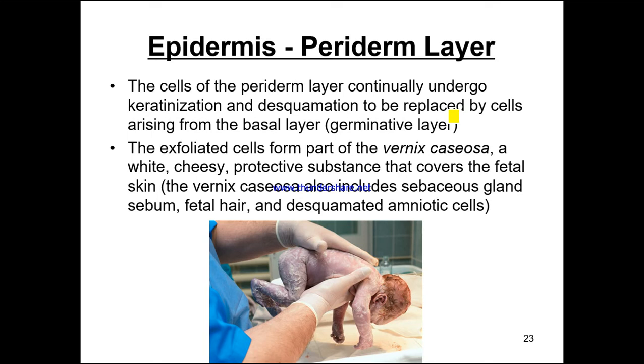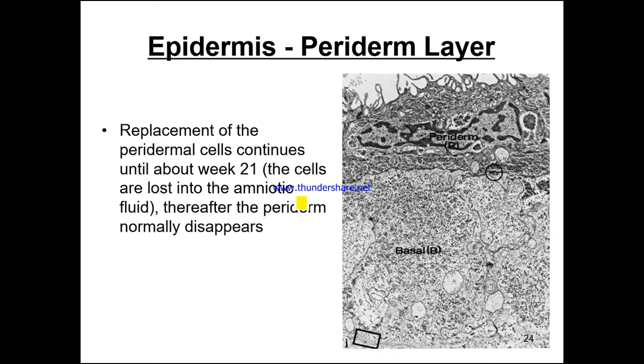The exfoliated cells form part of the vernix caseosa, a white cheesy protective substance that covers the fetal skin, and the vernix caseosa also includes the sebaceous gland secretion, sebum, fetal hair, and the desquamated amniotic cells. So this is when we see the baby being born, we see this kind of sticky, oozy substance around.